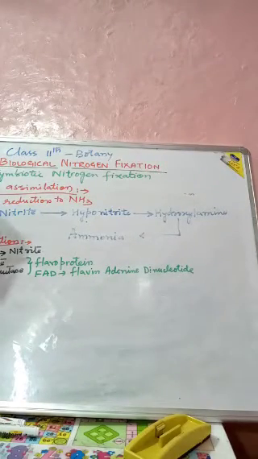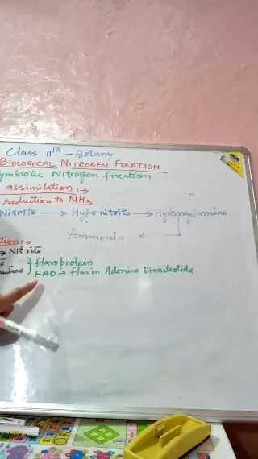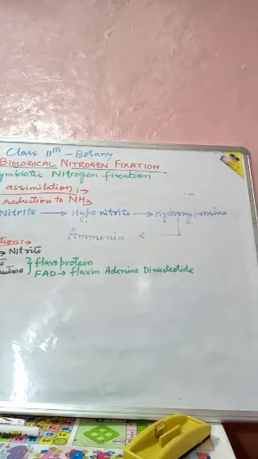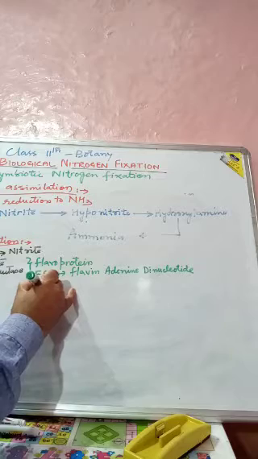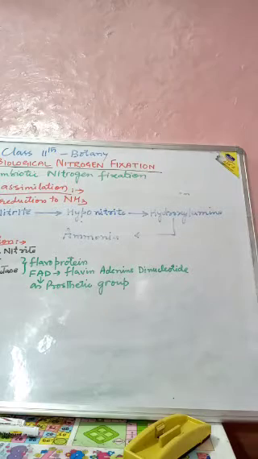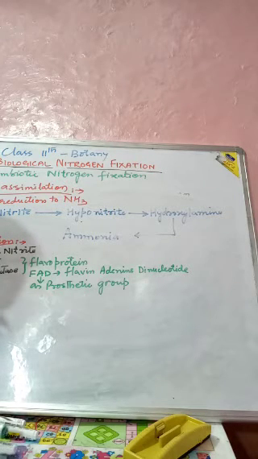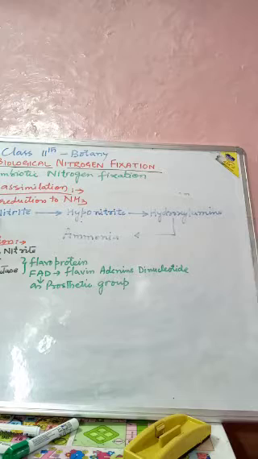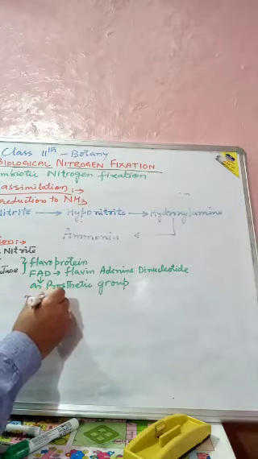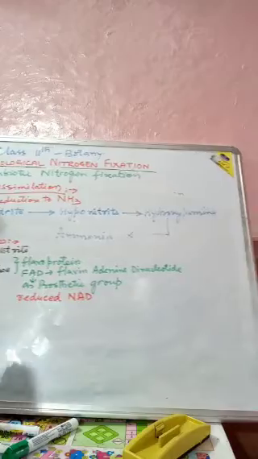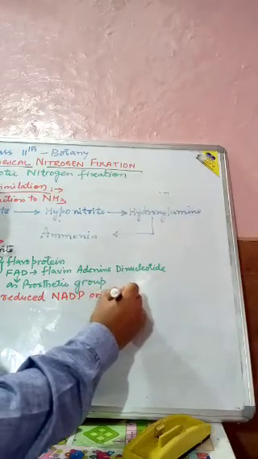So nitrate reductase is a flavoprotein which contains FAD, flavin adenine dinucleotide, as prosthetic group, and receives hydrogen from reduced NADP or NAD.